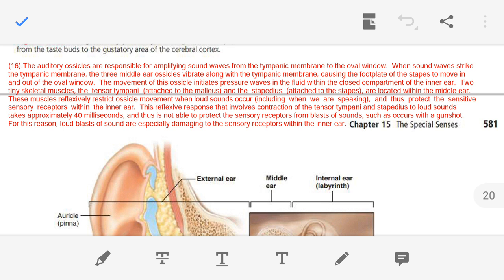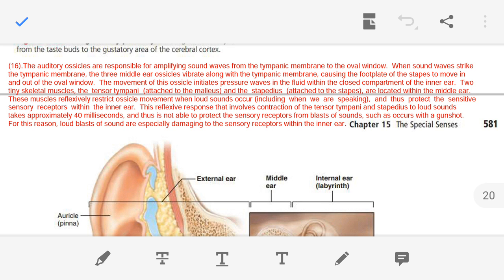It is possible that in their middle ear, these two muscles, tensor tympani and stapedius, lose their reflexive restricting action on ossicle movement, because daily they are continuously under the influence of various kinds of sound.